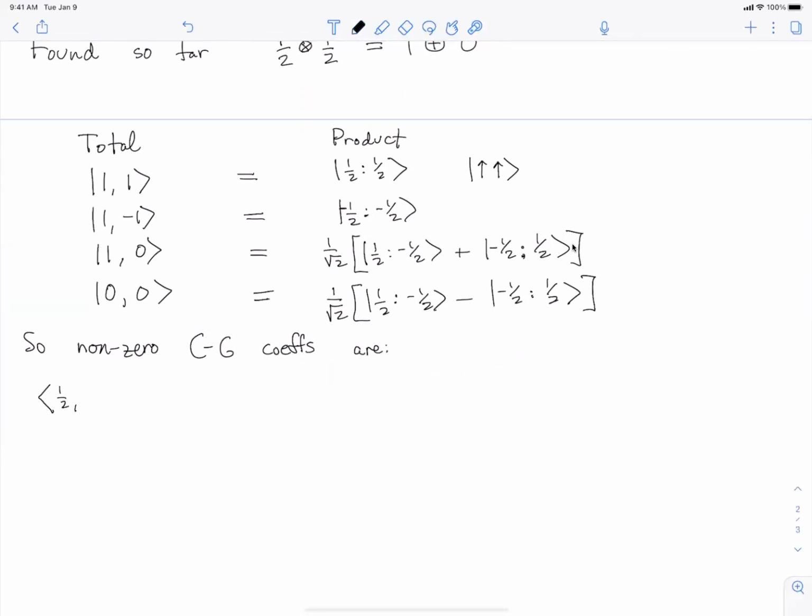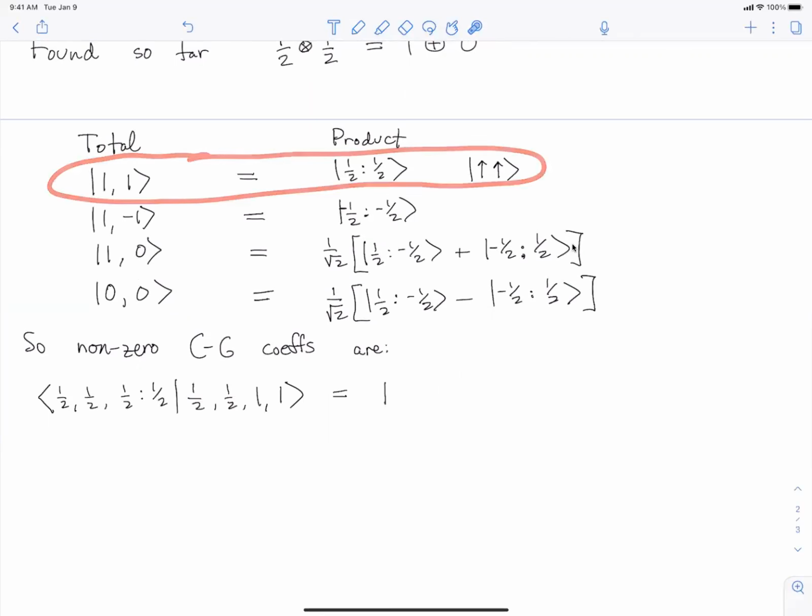So 1/2, 1/2 is j1, j2, and then 1/2, 1/2 for the product basis m's. Inner product with 1/2, 1/2, 1, 1 is just equal to 1. That's the information contained in this statement.